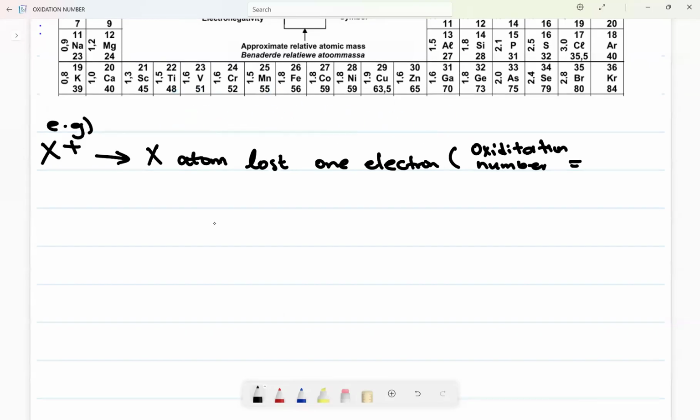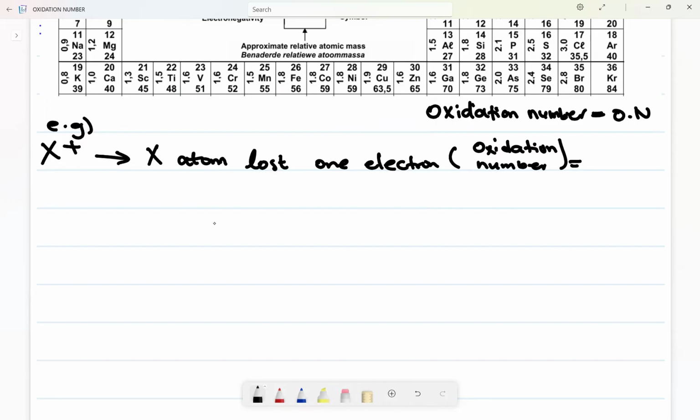From now on, I'm going to refer to it as oxidation numbers.